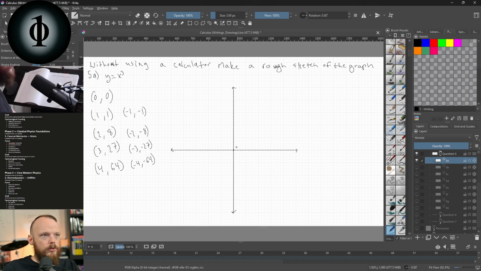So 1, 1. Yeah, let's make this at least 40. So 1, 1 would be right here. And then -1, -1 would be right here. 2, 8. So that's 2, and then 8.